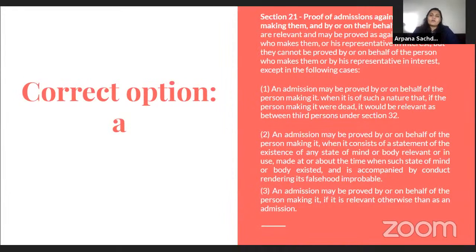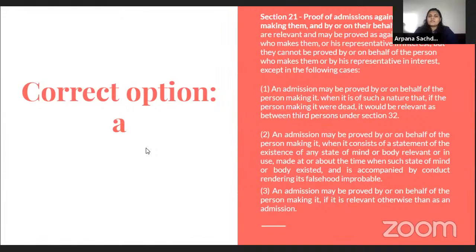So if we go through section 21, it says that proof of admission against a person making them, and by or on their behalf. So it says that admissions are relevant and may be proved against the person who makes them or his representative in interest, but they cannot be proved by or on behalf of the person who makes them or by his representative in interest, except in the following cases.